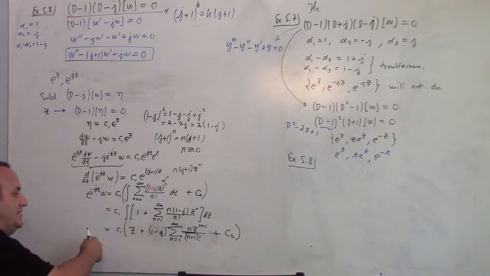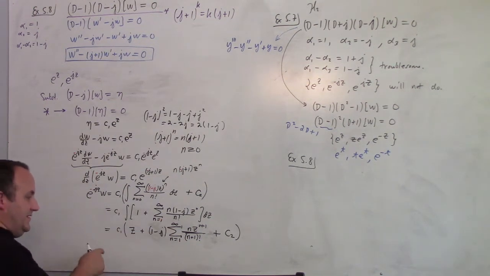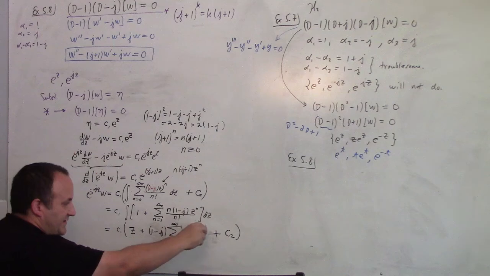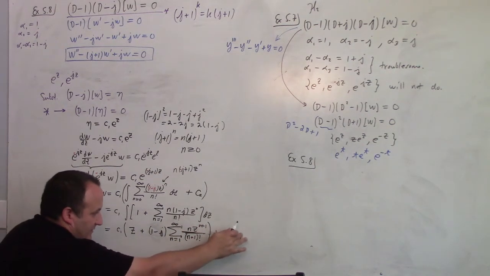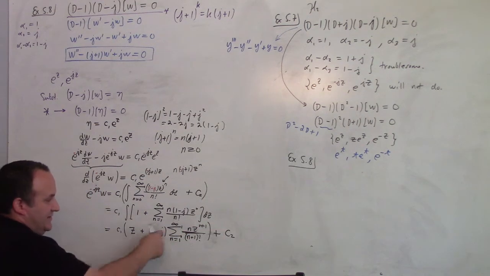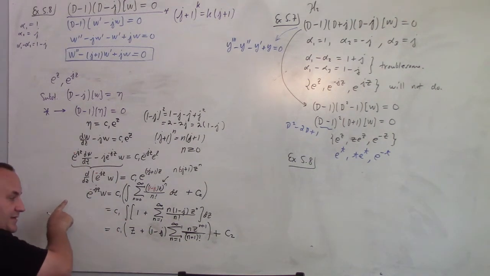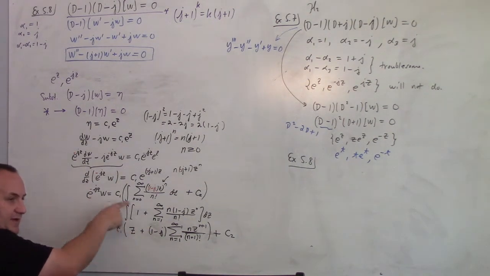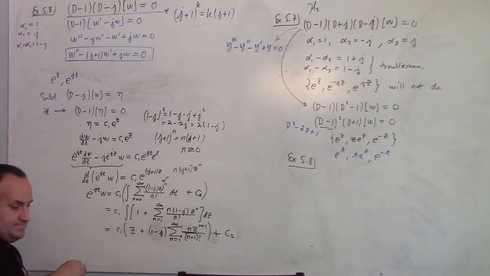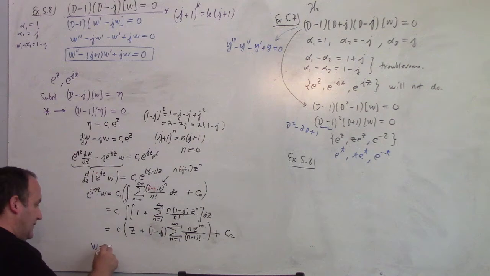But of course, c1 times c2, I'll just call that a separate constant c2 independent of the c1. It's the same difference. Then you take this, and you multiply that e to the jz on both sides. What does that give you? c1 z e to the jz, right?